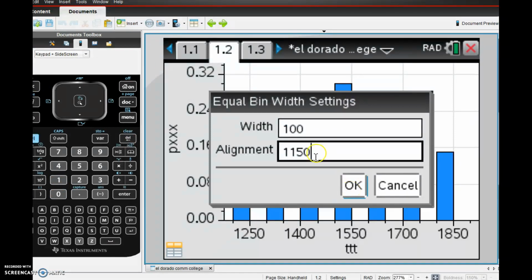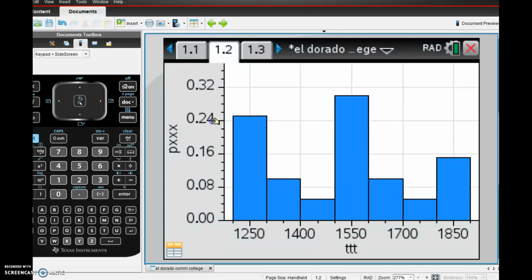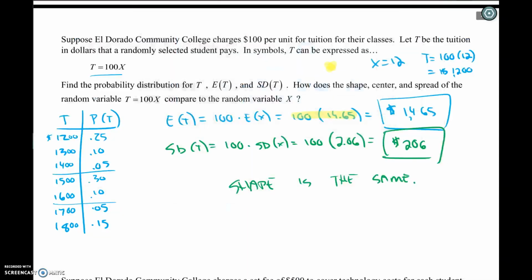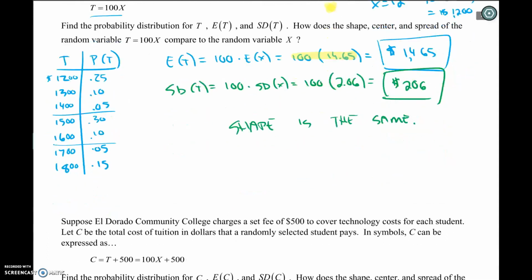And the alignment, I guess we should set to 1200. So as you can see, that looks exactly the same as the other distribution. So the shape of the distribution doesn't change, and the mean and standard deviation are multiplied by 100.